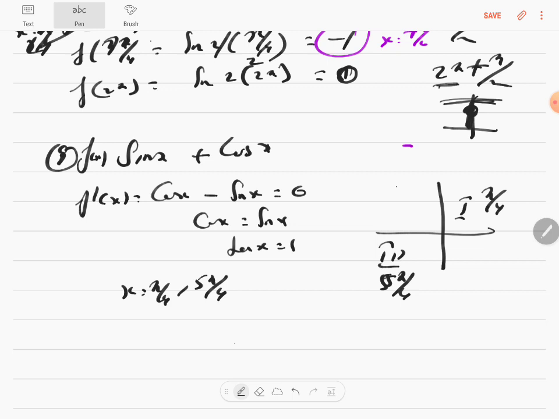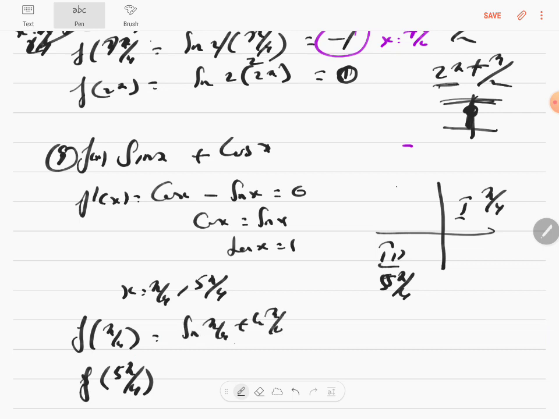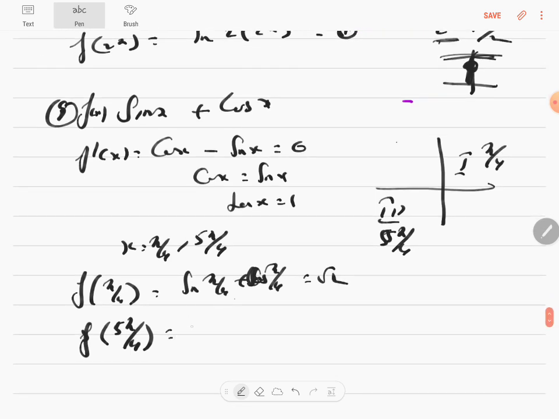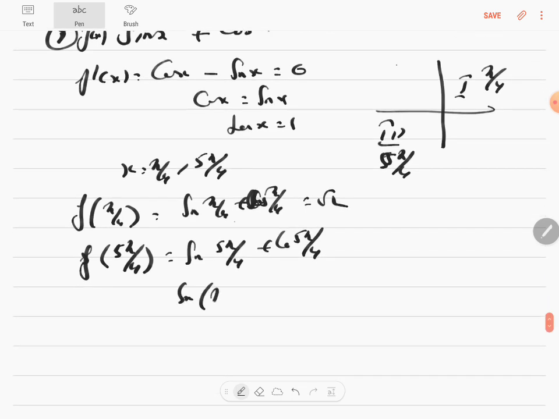We are supposed to substitute in the function itself, f of pi by 4 and f of 5 pi by 4. f of pi by 4 is sin pi by 4 plus cos pi by 4, which is 1 by root 2 plus 1 by root 2, which is 2 by root 2, so root 2. And sin 5 pi by 4 plus cos 5 pi by 4 is sin of pi plus pi by 4 plus cos of pi plus pi by 4.